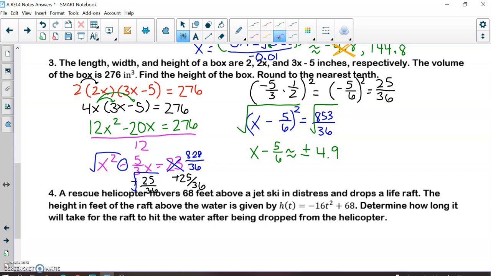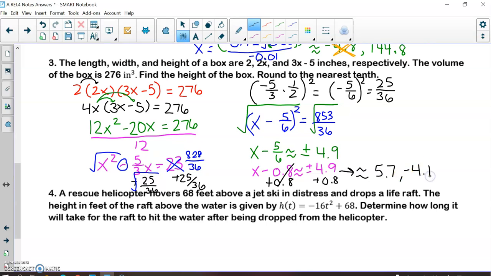Now I'm going to convert the 5/6 into a decimal. That is about 0.8. Lastly, I add that 0.8 to both sides, and I wind up with approximately a positive 4.9 plus 0.8 gives me 5.7, and a negative 4.9 plus 0.8 gives me a negative 4.1.